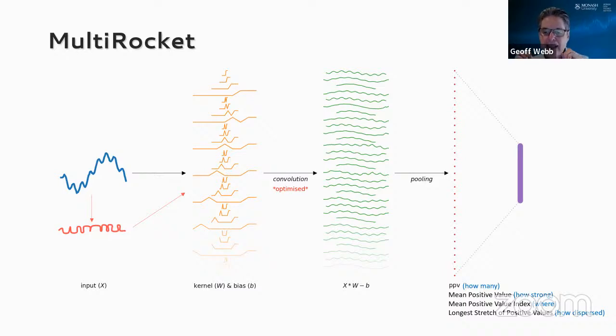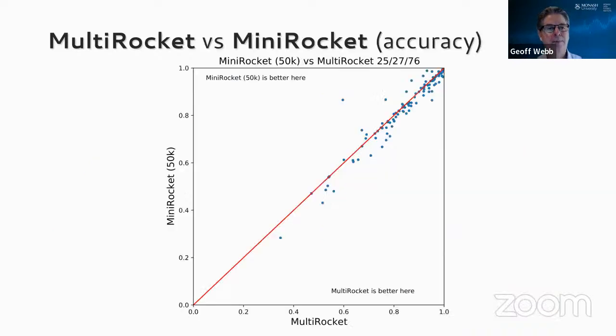The mean index of where the values are positive, so that is where does the effect occur. And then the longest stretch of positive values, which you can think of as an assessment of how dispersed is the effect, how strongly grouped together is it.